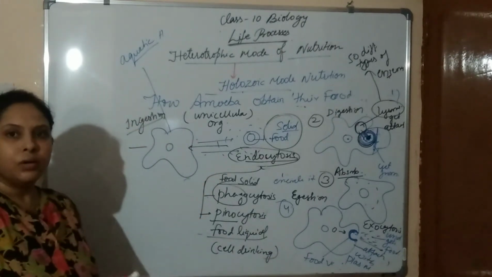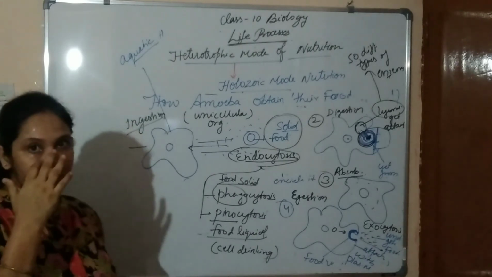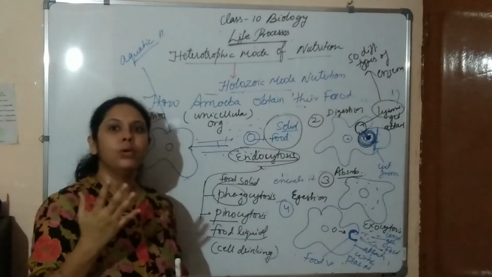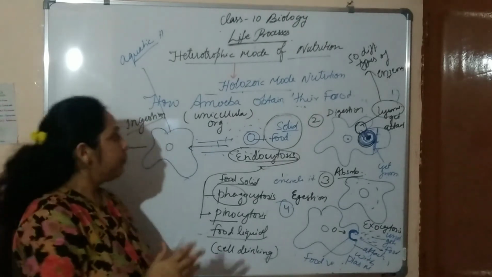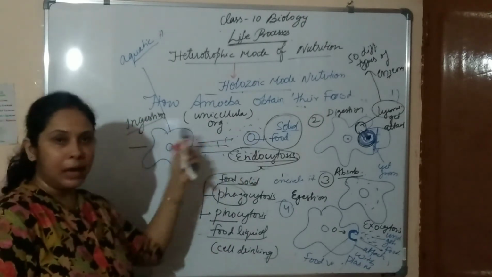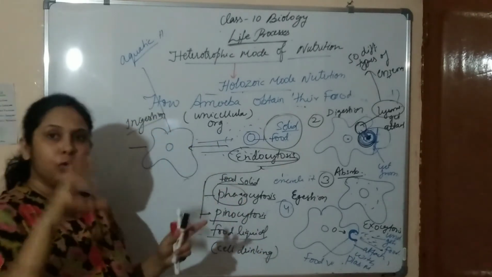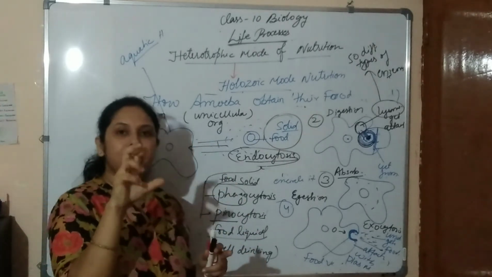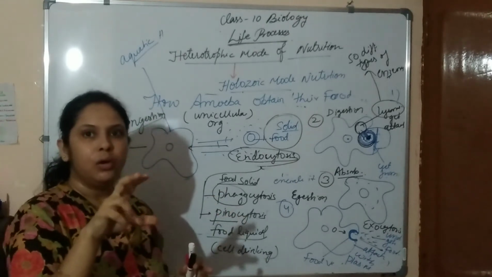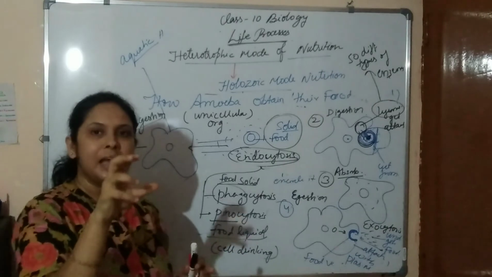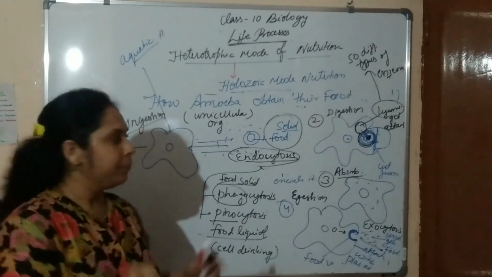So we understood how the amoeba obtains its food. They also follow the four steps: ingestion, digestion, absorption and egestion. The amoeba takes food by sensing the chemicals, and then due to movement, the plasma membrane changes its shape and forms a finger-like projection to trap that food.